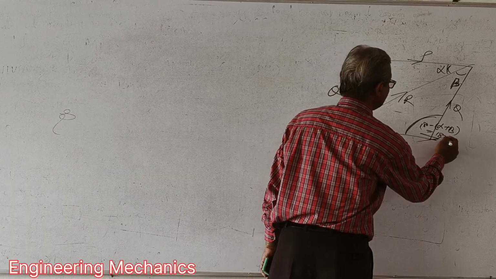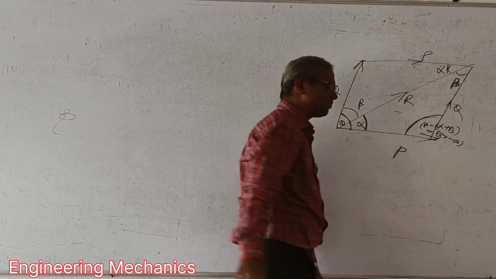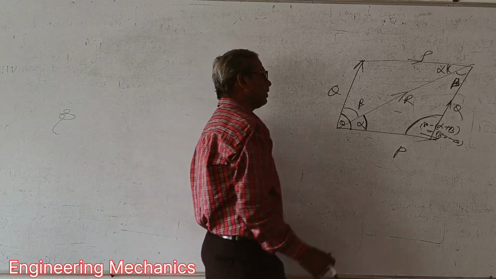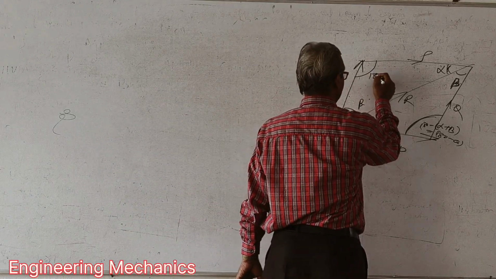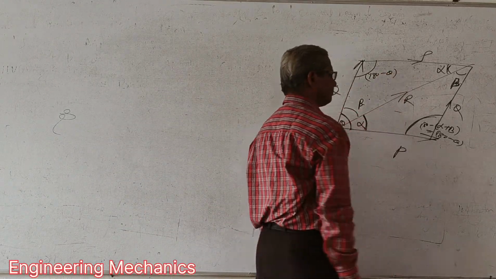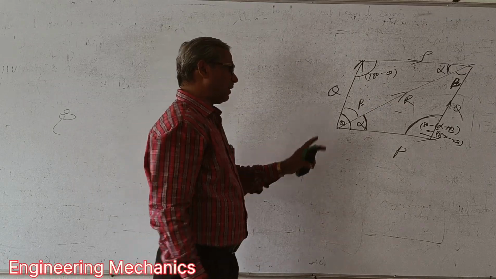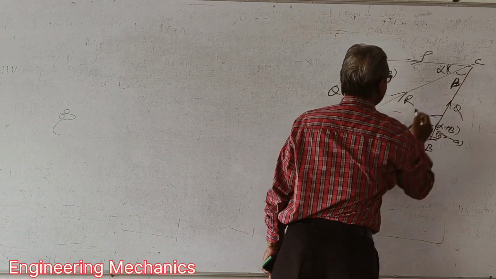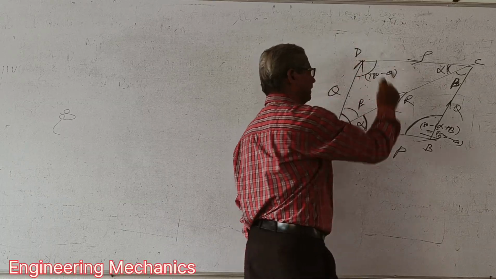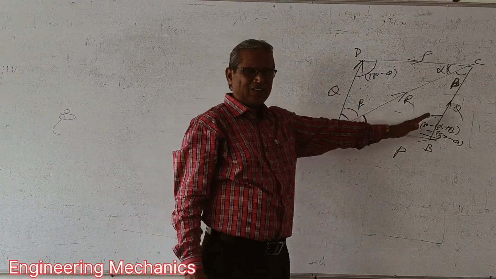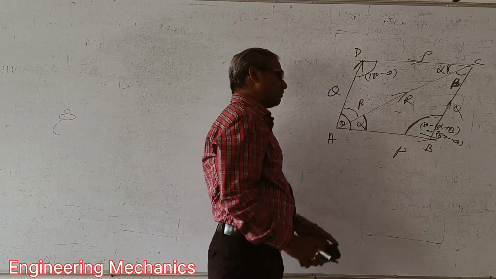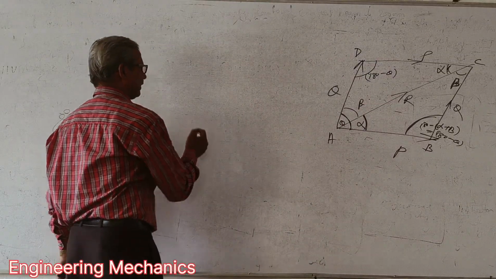So this is equal to 180 minus theta. You can take the upper triangle ABC, or you can take ACD. Either take this triangle or that triangle.